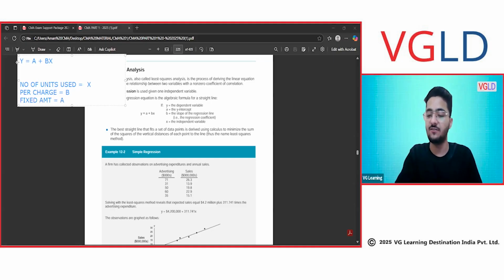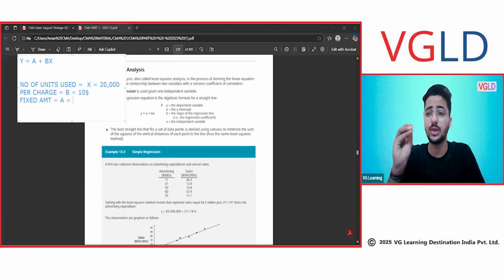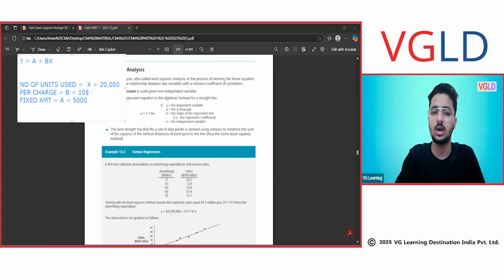So ultimately, if you have used 20,000 units and the per unit charge is $10, and you need to pay a fixed amount, whether you use the electricity or not, let's say 500. So what is your total?